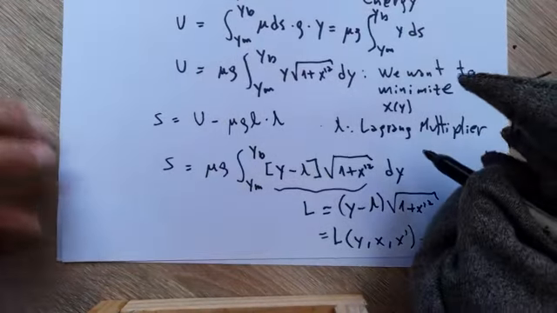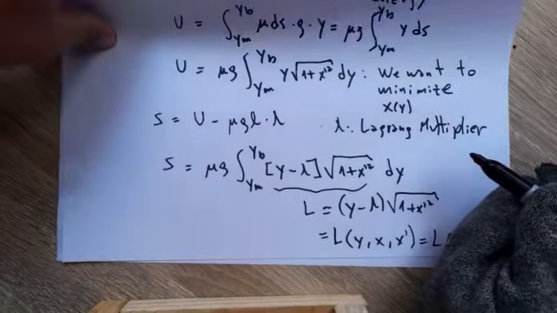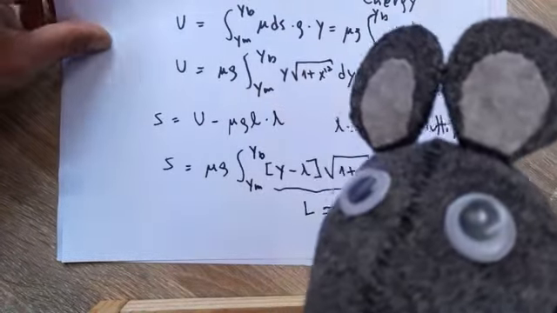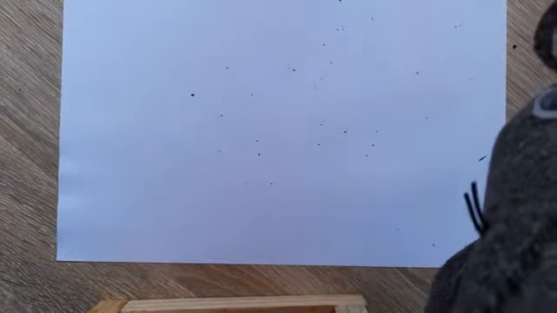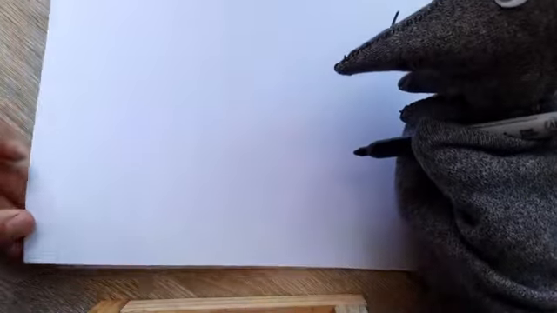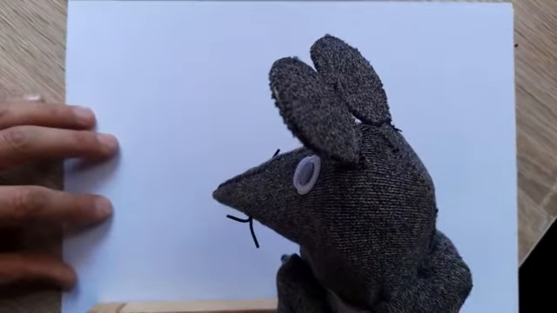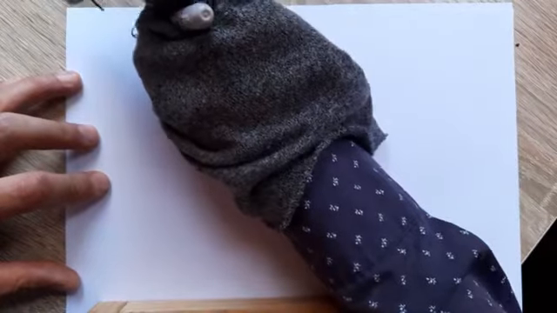Then we know that when we want to solve this kind of variational problem and we have the Lagrangian, we have to use the Euler-Lagrange equations.